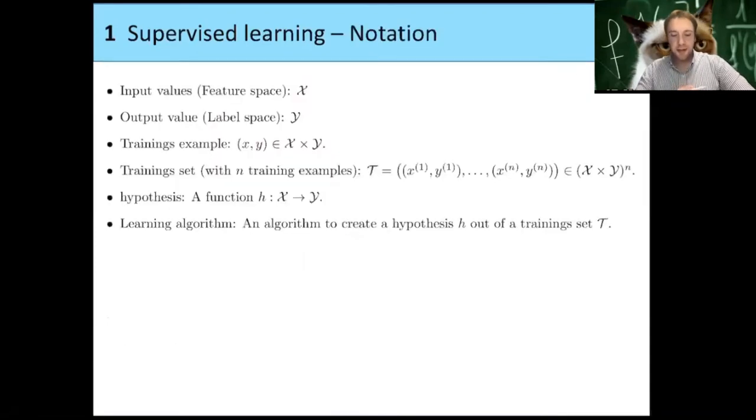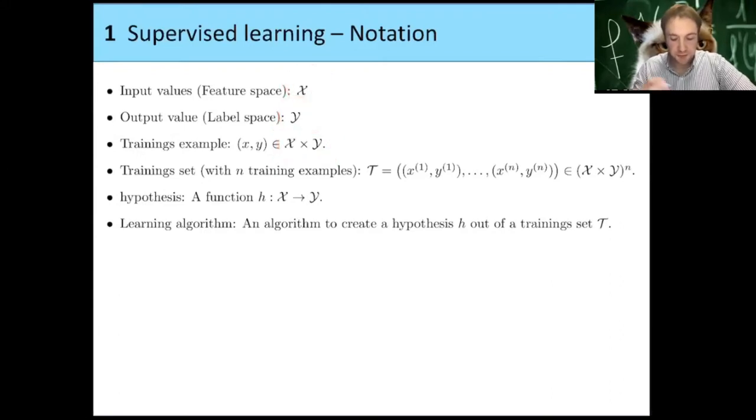Okay. And then to write this problem down more precisely, or to write down our learning algorithm, we introduce some notation. First we introduce the input values, or the feature space, which we denote by X, and the output values, the label space, by Y. A training example, so a pair of weeks living in Nagoya and number of tebasaki eaten, is then an element, a tuple, in the product of the feature space and the label space.